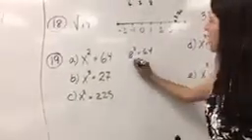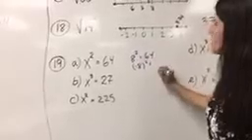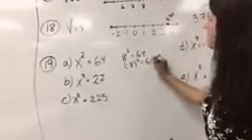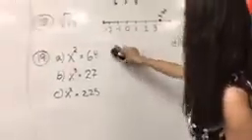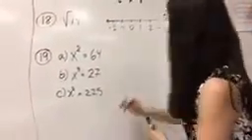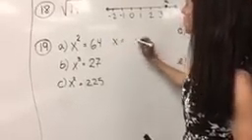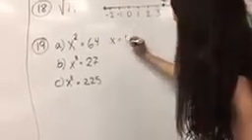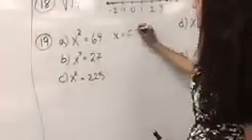Or the x could also be negative 8, because negative 8 squared is also 64. Negative times negative is a positive, remember. So here's how I want you to write this on the test. Remember the notation I showed you today. x equals positive or negative, remember, a plus with a minus under it, 8.